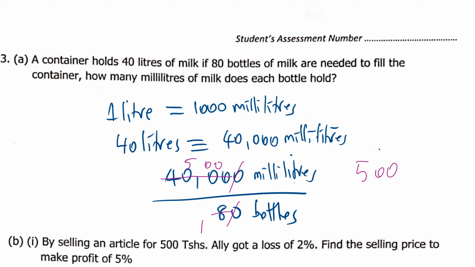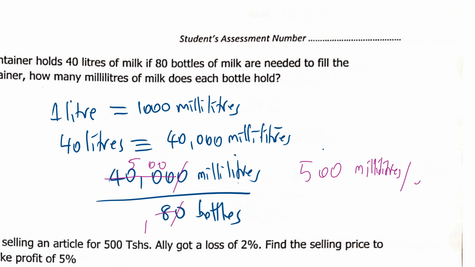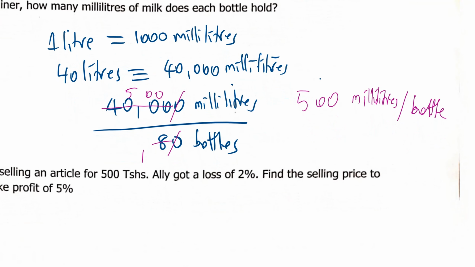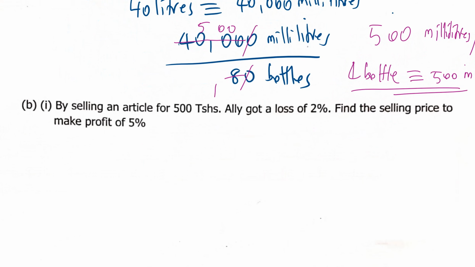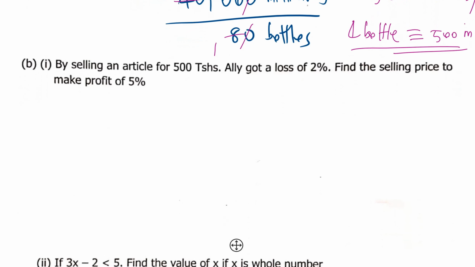So you get 500 milliliters per bottle. So it means that one bottle is equivalent to 500 milliliters. Yeah, that's how we were supposed to solve the question.